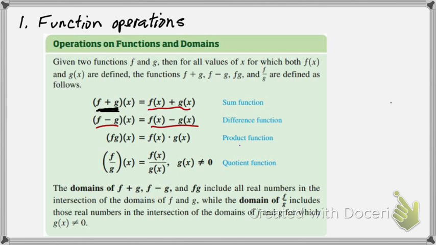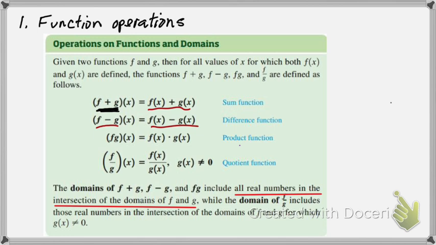Then down here at the bottom, I want to point out a couple of things. It says the domain, we got to get into that, includes all real numbers in the intersection of the domains of f and g. We don't maybe know what that means yet.